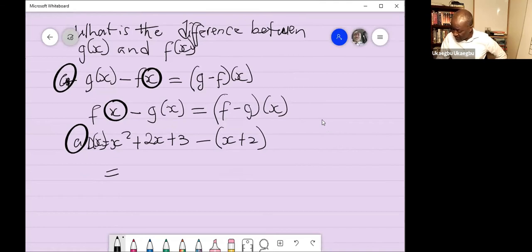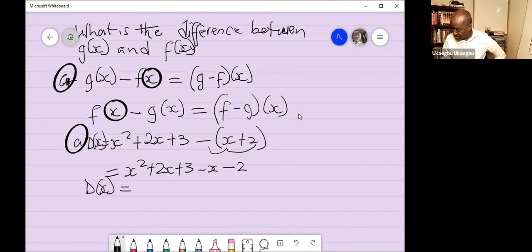So we are going to have x squared plus 2x plus 3 minus x minus 2. You use the distributive property to open these parentheses. So which means the difference, d of x, would be equal to, you collect like terms.